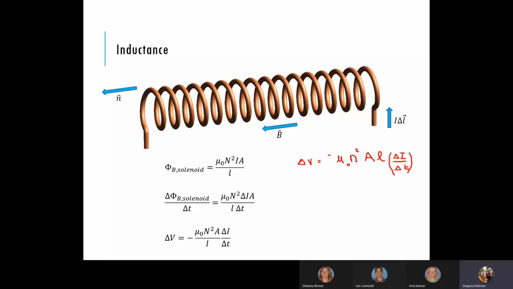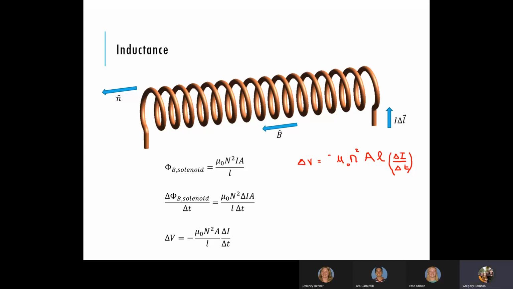If you will, this is the Ohm's law equivalent for an inductor. It relates a drop in potential not to the current, but to how the current changes.